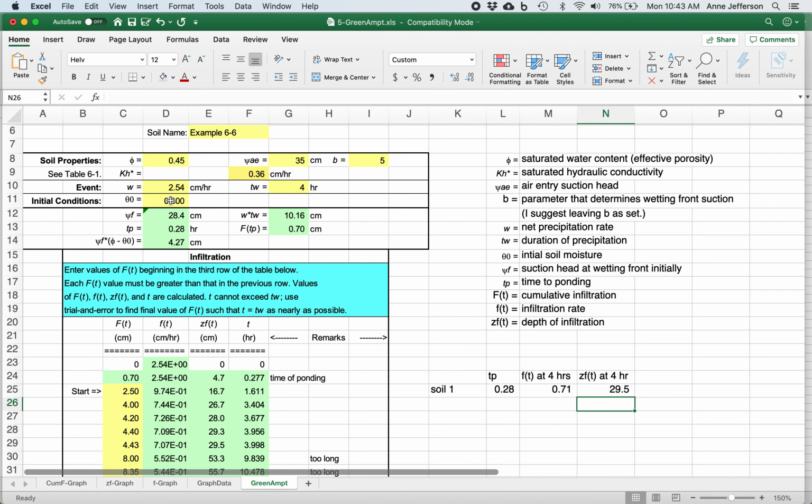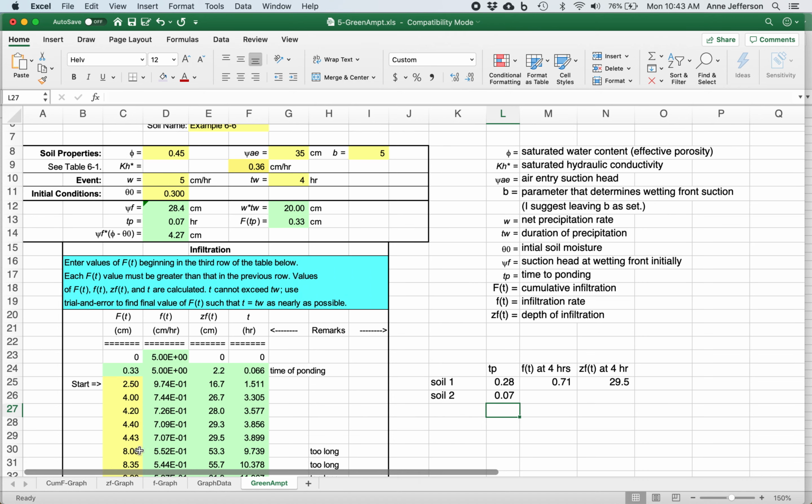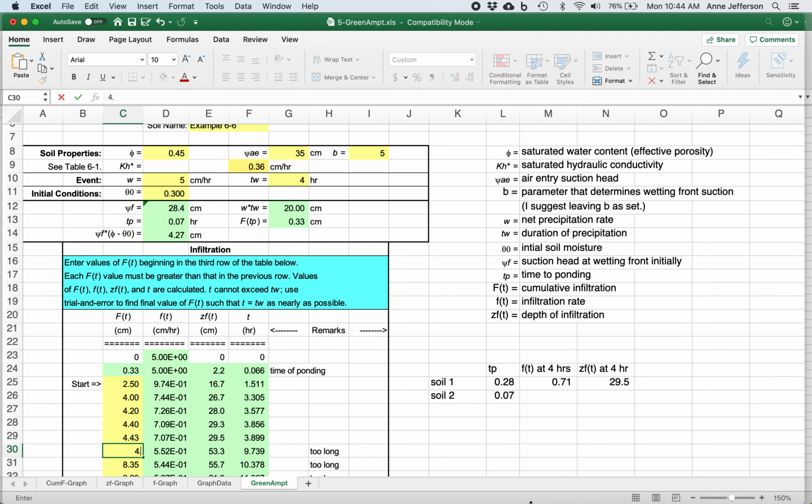So let's say that we're going to double the rainfall rate up here in cell D10. And what happens? Okay, so in our second case, we see that our time of ponding gets much shorter, 0.066. But now we need to go through that process again and find our 4 hours. And it's actually not too different in here because we haven't changed anything about the soil itself, just the rainfall.